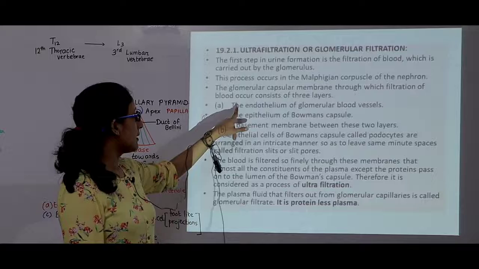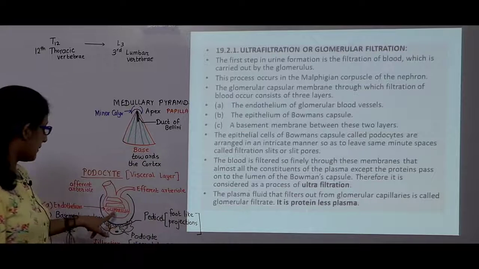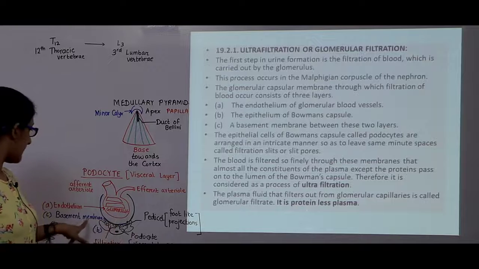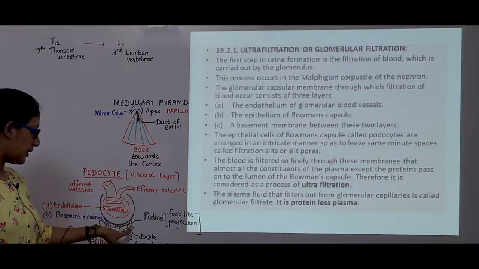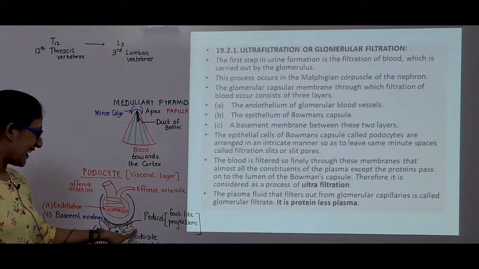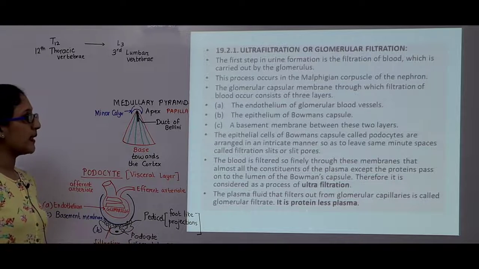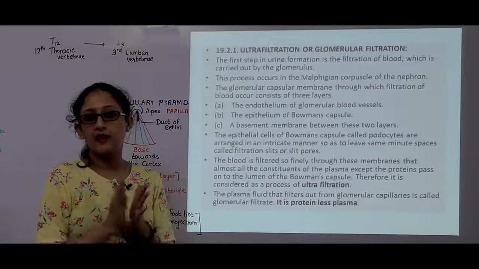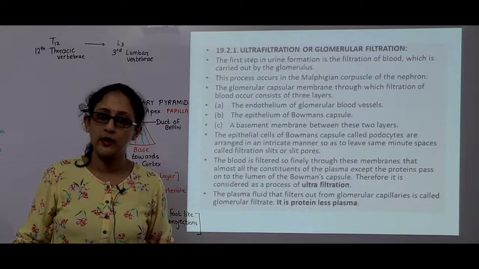Let's revise. First, this red part, the endothelium of the glomerulus. Second, the blue basement membrane. Third, the podocytes of the visceral layer of the Bowman's capsule. Between the cells, there are the filtration slits which also help the fluid to pass through.